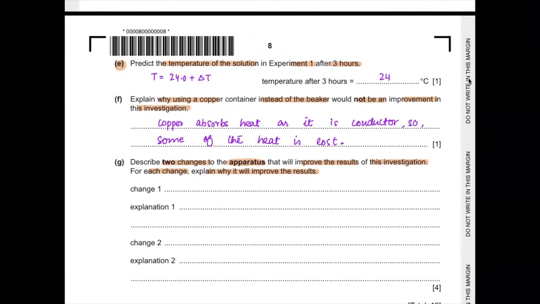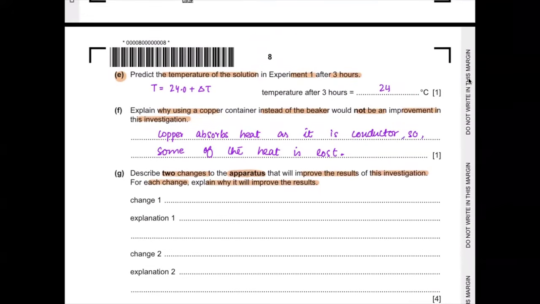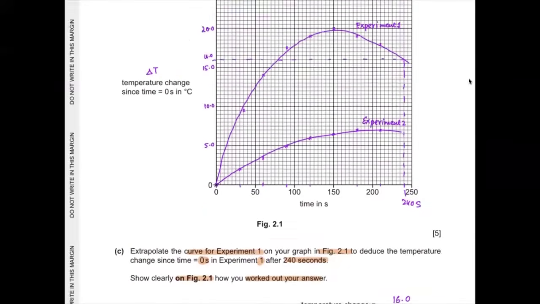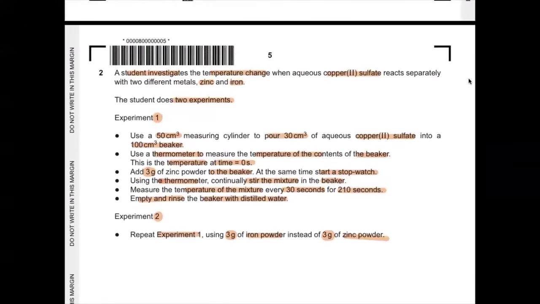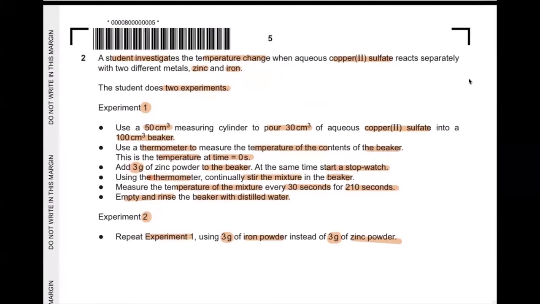Yes, anyone? Yes, very good, Saud. So I got one apparatus from Saud.